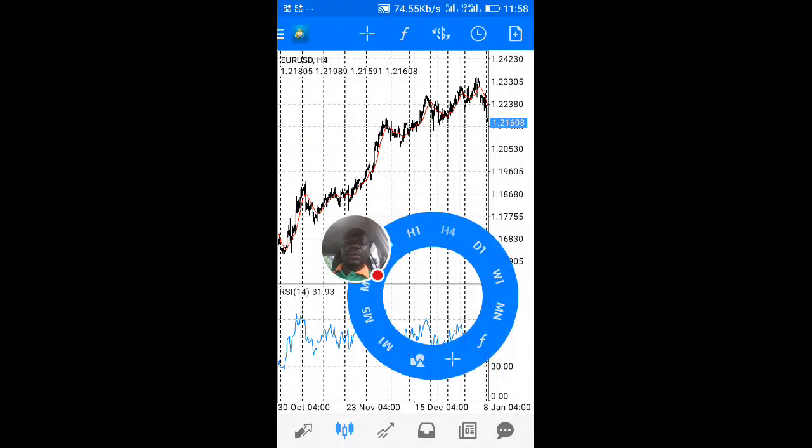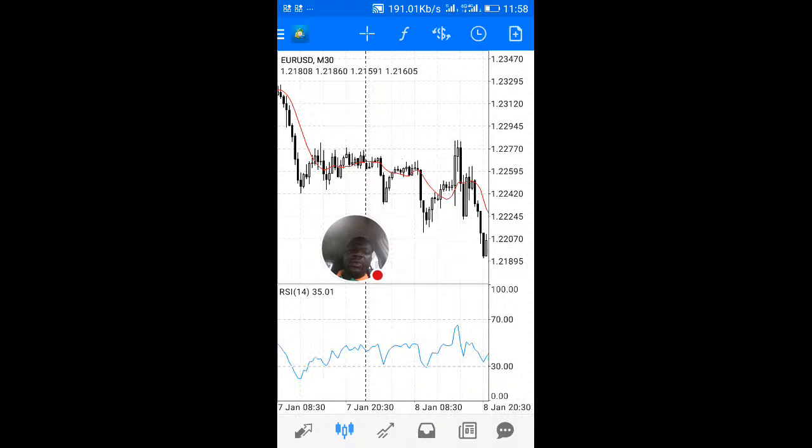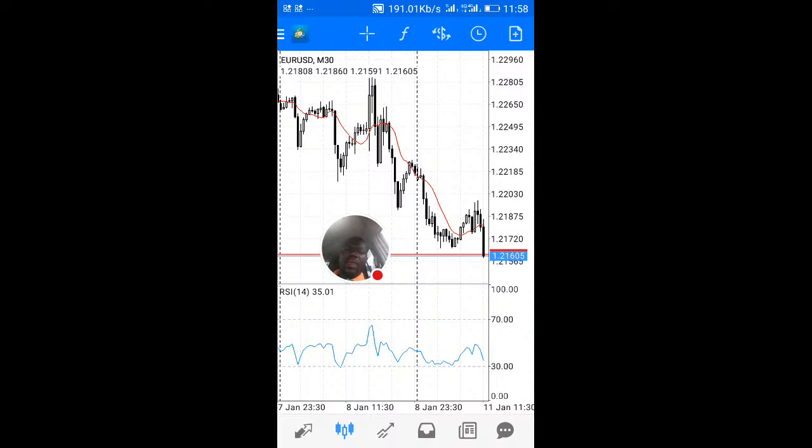And mostly, if we go to M30, this was like a spike, the one you are seeing there. EURUSD does not go continuously. It can go back to where it started. So there's a possibility that this is going to go back to 21,875 after reaching 21,500.